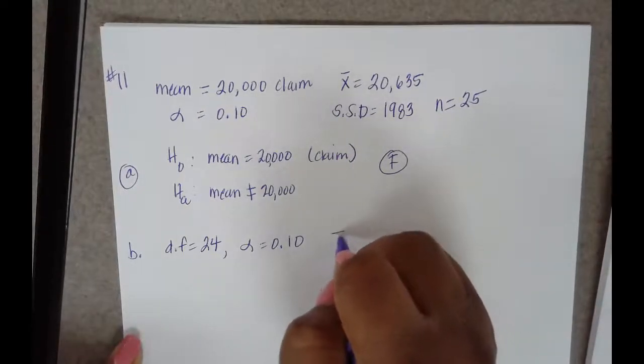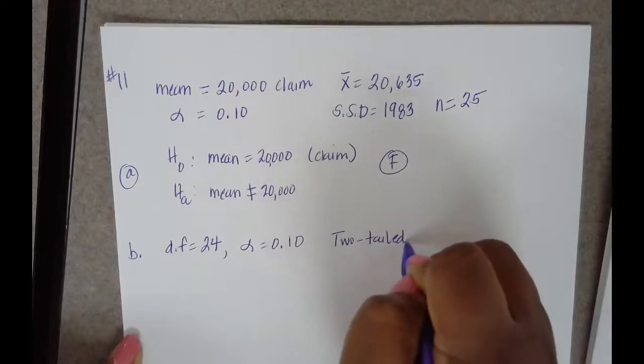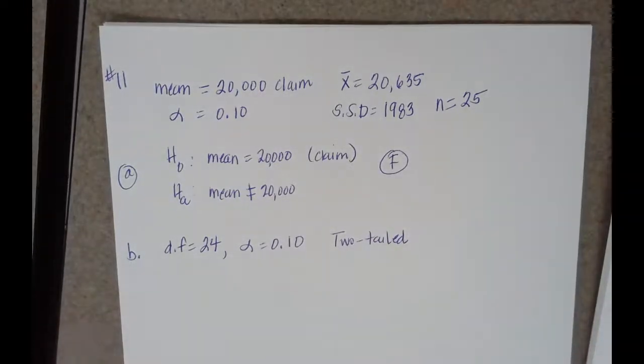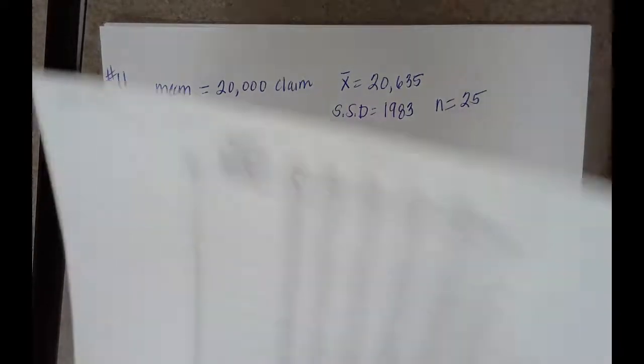So this is 2 tailed. Alright, so I go to my table and I'm looking for a degree of freedom of 24 at 2 tailed at a level of significance of 0.10.